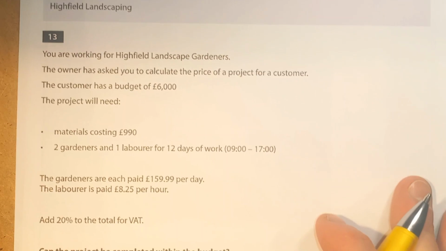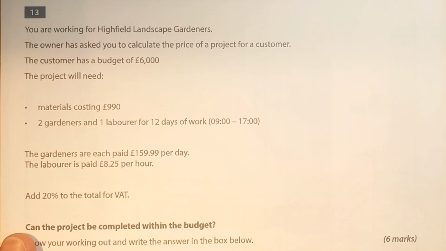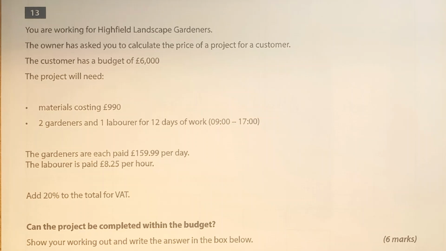Okay, Highfield landscaping. So question 13. You are working for Highfield Landscape Gardeners. The owner has asked you to calculate the price of a project for a customer. The customer has a budget of £6,000. The project will need materials costing £990, 2 gardeners and 1 labourer for 12 days of work.